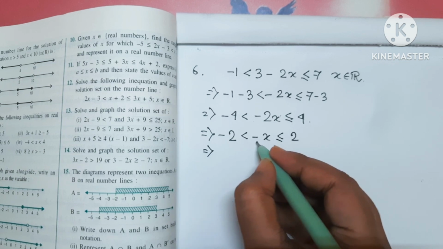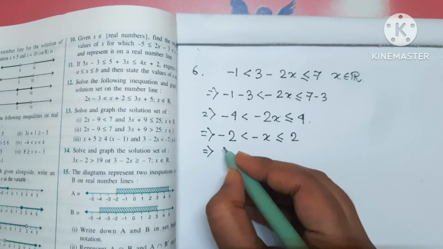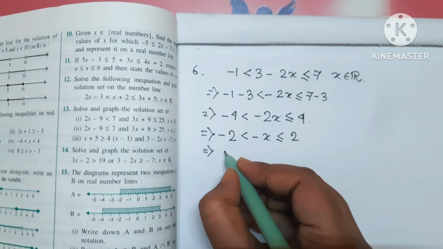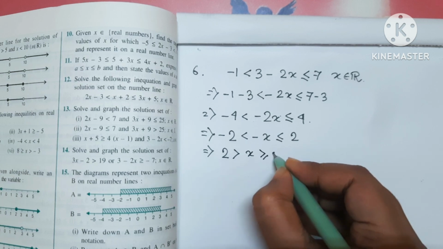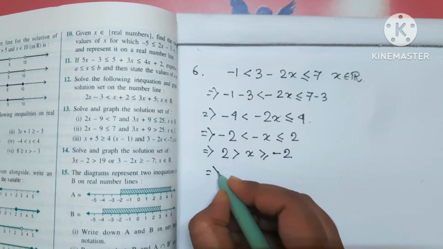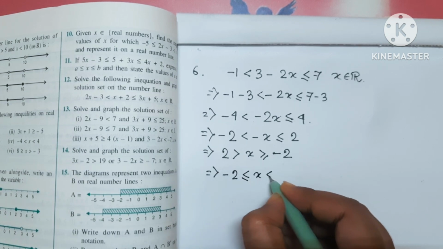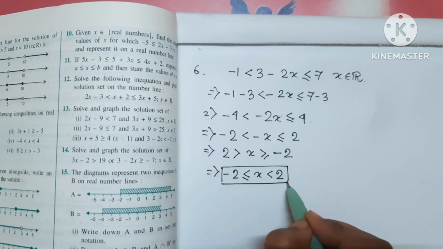Now if you divide it by minus 1, or if you change the sign of all the numbers, then 2 will be greater than x, that will be greater than or equal to minus 2. So minus 2 is less than or equal to x less than 2. This will be our range.